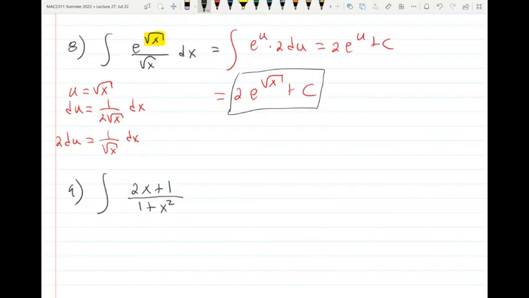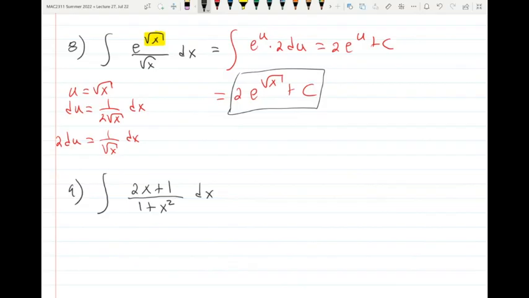So 2x plus 1 over 1 plus x squared. Just to show you something different that we haven't done. It's similar to something that we have done, but at the same time, it's a little bit different as well.